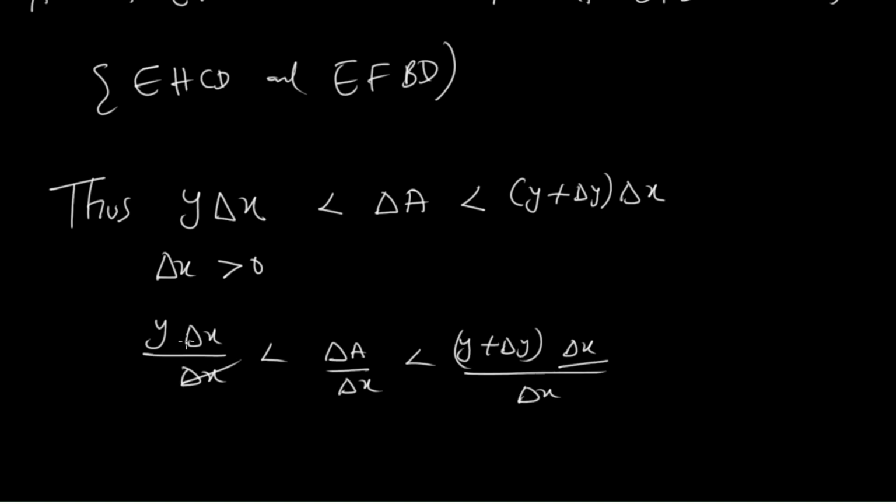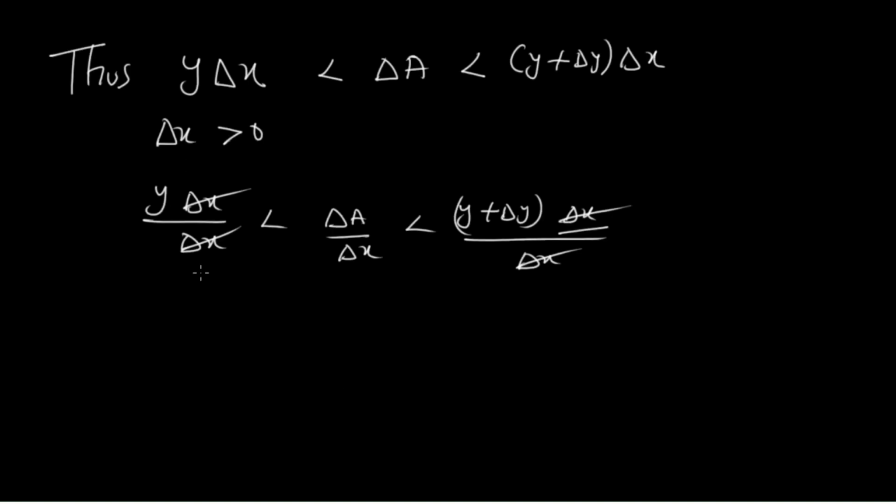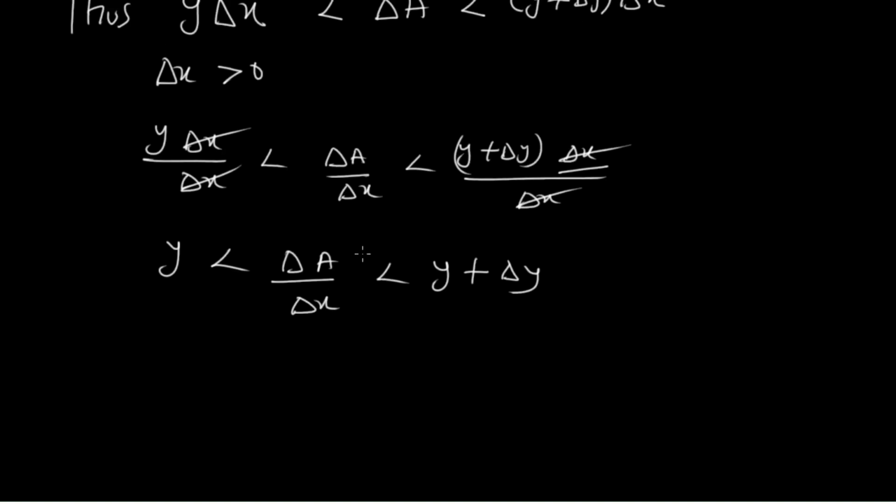The dx cancels out at the extreme ends. So we are now left with y is less than dA over dx, and this is less than y plus dy.